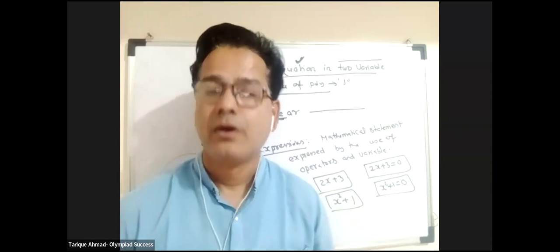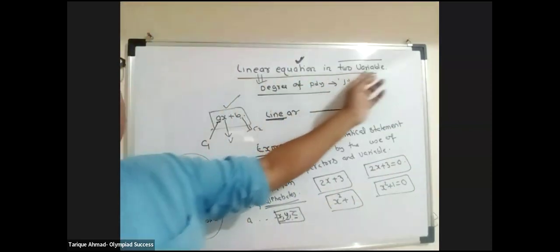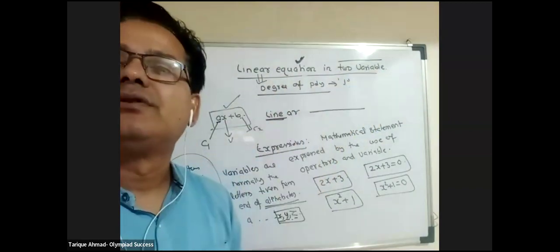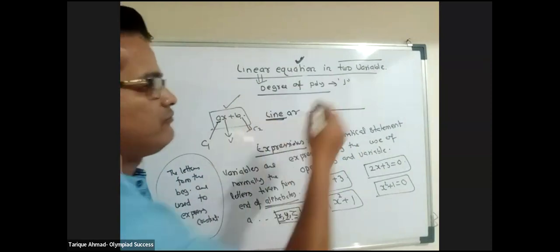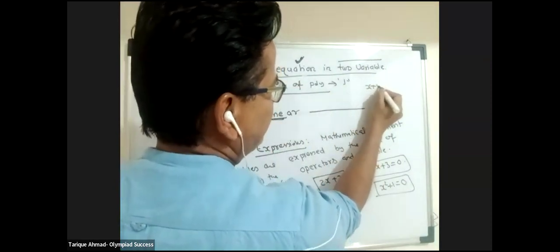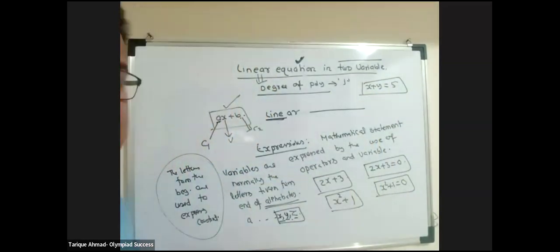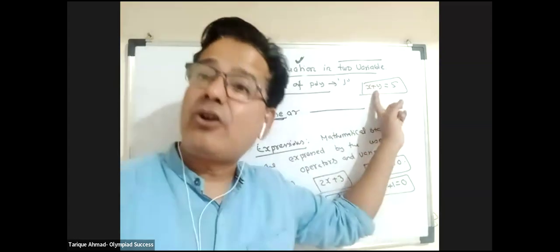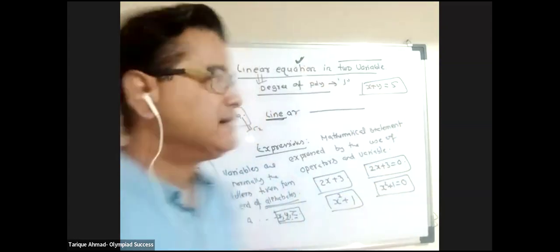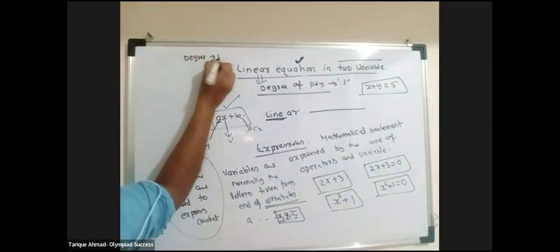No? Okay. So I explained the chapter name, linear equation in two variables. So in this chapter, we have equations written in two variables, x plus y equals 5. Now, is it linear or not? To recognize linear or quadratic, if the degree is 1, then it is linear.